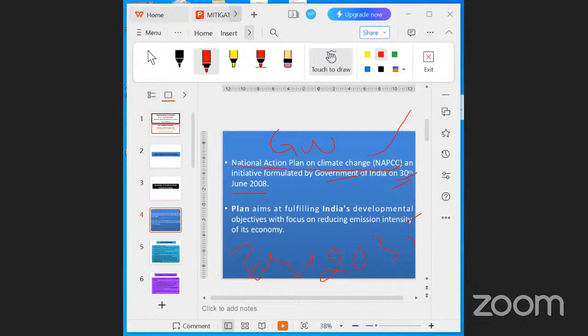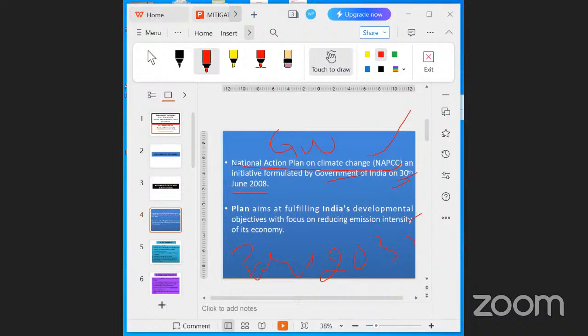So the NAPCC was released by GOI in 2008, right? The aim of this NAPCC is to mitigate and adapt to the climate changes in different domains that are related with climate change, right?